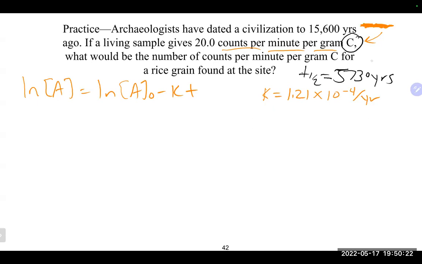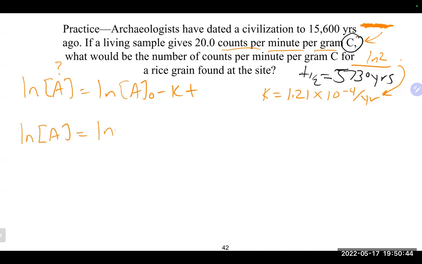Again, that is found by taking the natural log of 2 divided by the half-life, just like we did in the previous problem. At this point, we're looking for the final amount, how many counts per minute per gram of carbon there will be for our old piece of rice.